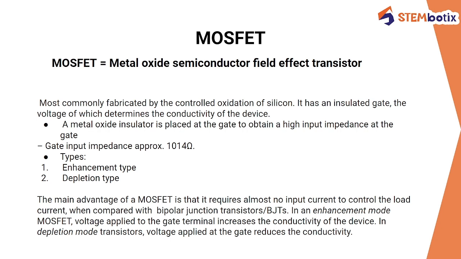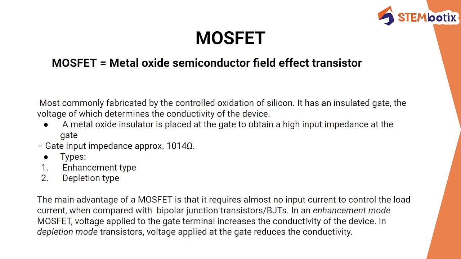In enhancement mode, the voltage applied to the gate terminal increases the conductivity of the device. The name itself suggests that it is increasing something, so in enhancement type MOSFETs, the voltage applied to the gate terminal increases the conductivity of the device.